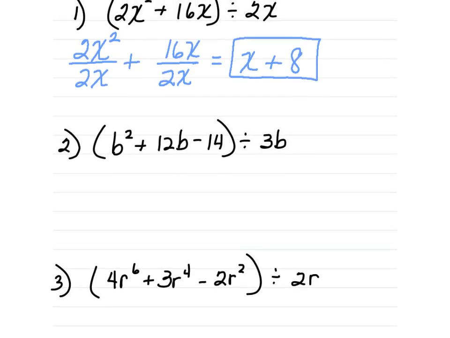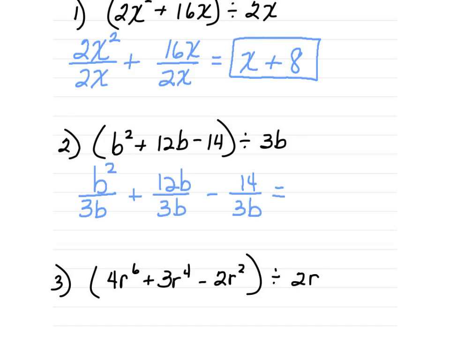Right, number 2, I have b squared plus 12b minus 14 divided by 3b. So b squared divided by 3b plus 12b divided by 3b minus 14 divided by 3b.